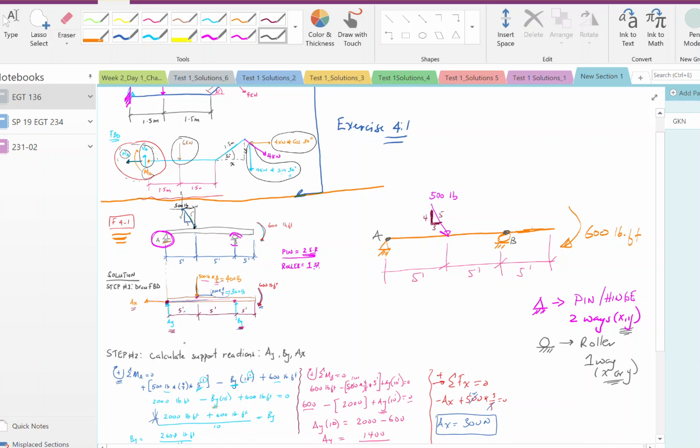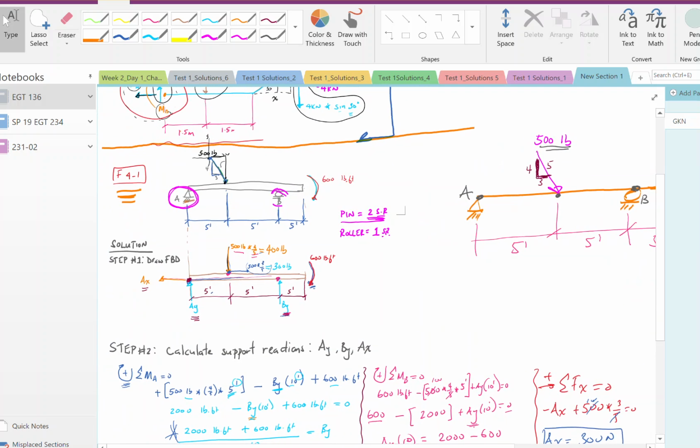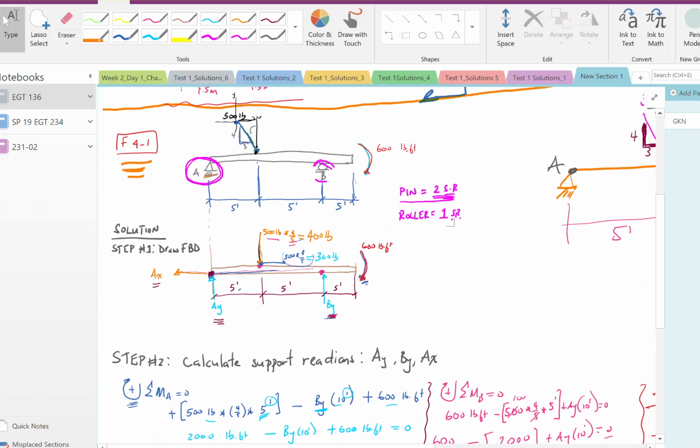Okay, so this is our first step. So we have this force, 500 pounds, right, that's acting at this location 5 feet away from A and 5 feet away from B. So our first step is to draw a free body diagram. And once we do that, you typically see what we have here. Okay, so again, this is a pin, right?